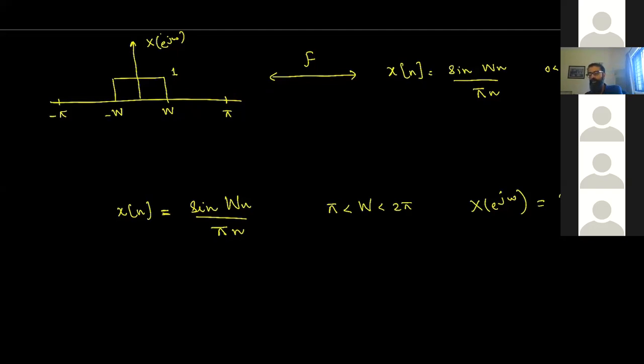Moreover, for the ideal low pass filter, the unique frequencies are always between minus pi and pi. So if you're just considering frequency between minus pi and plus pi, a frequency greater than pi doesn't make sense. I mean, that wraps around anyway.